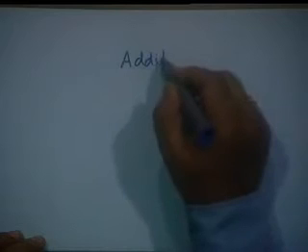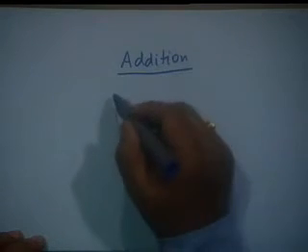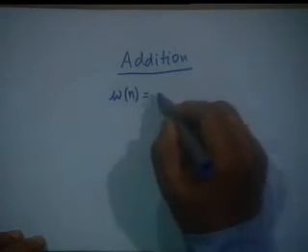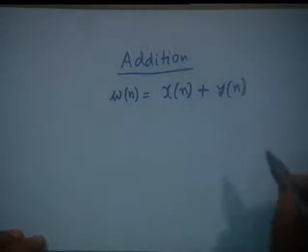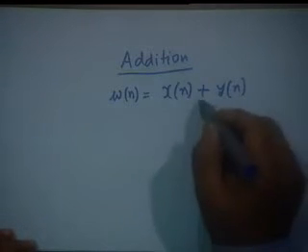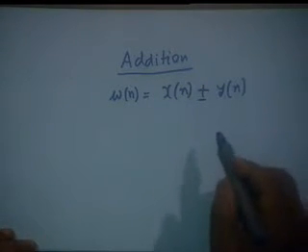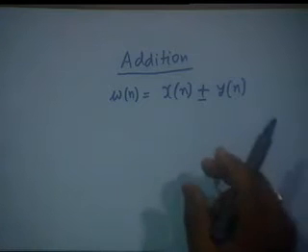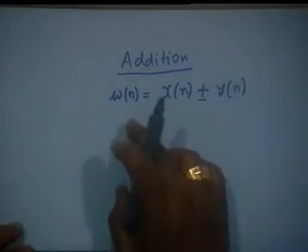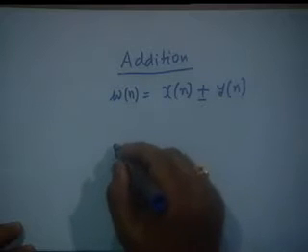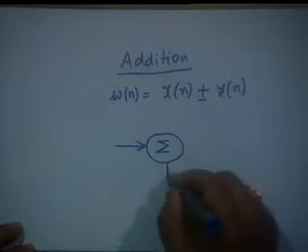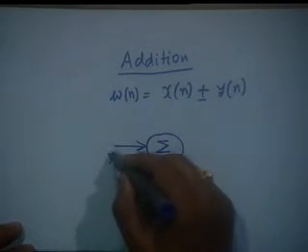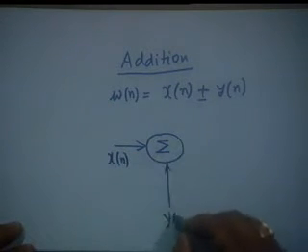Then addition or subtraction. A similar procedure: when you add or subtract x of n and y of n, the corresponding samples are added to form the new sequence w of n, and the symbol that we shall use is the summation sign, with two inputs x of n and y of n.